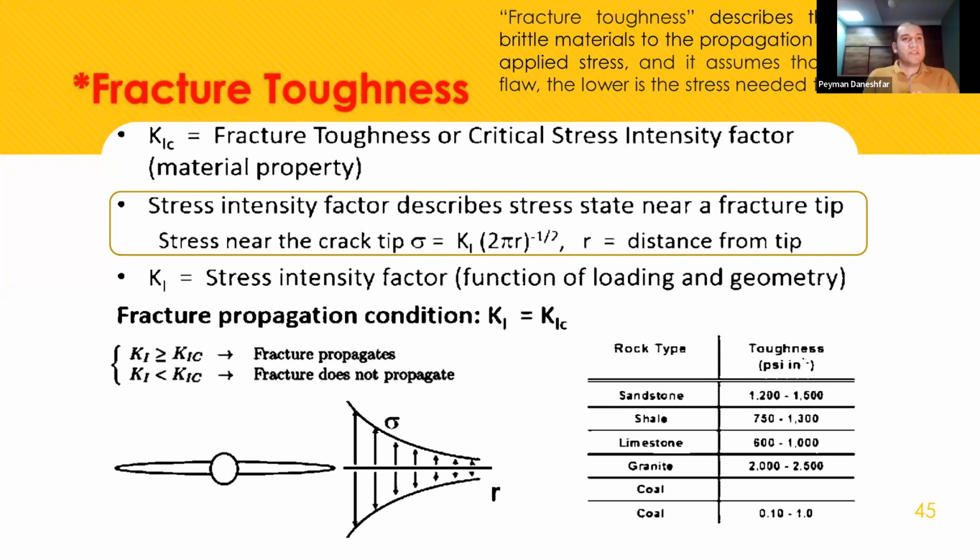When our stress intensity factor is smaller than our critical stress intensity factor, our fracture does not propagate. But if our stress intensity factor is equal to or greater than the critical stress intensity factor, or our fracture toughness, the fracture propagation will be in effect.